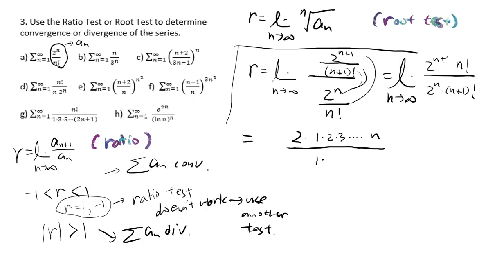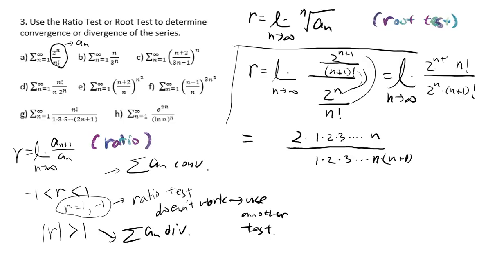That means 1, 2, 3, you go all the way up till you get to n plus 1. And then you ask, what was 1 before n plus 1? Well, 1 before n plus 1 is n. So you see that if you write out the n plus 1 factorial, it contains everything that's in n factorial, and then you have one more.